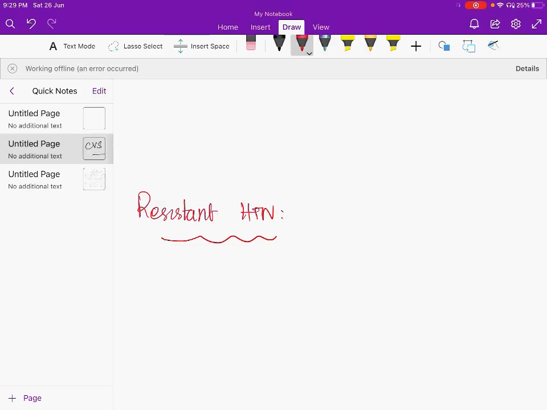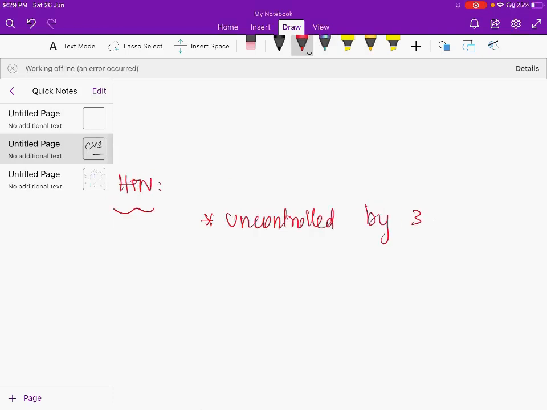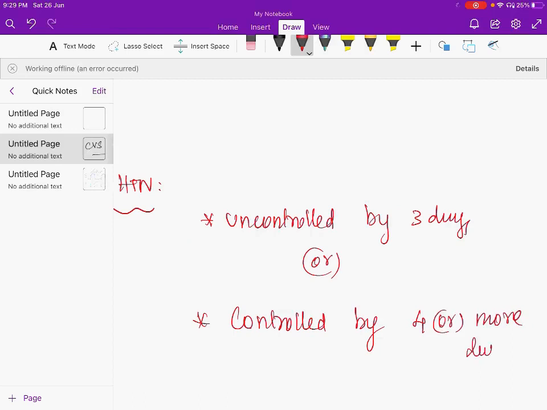So not responding to more than 3 drugs. The patient is uncontrolled by 3 drugs or controlled by 4 or more drugs.